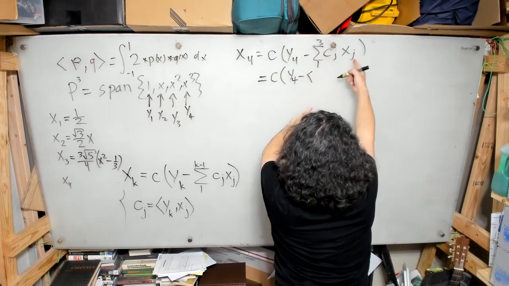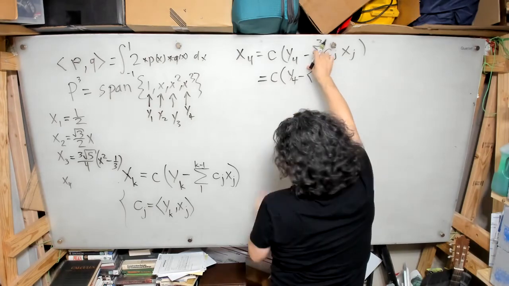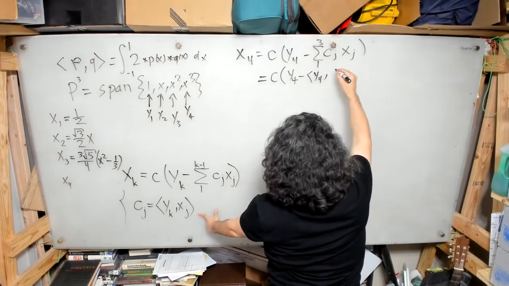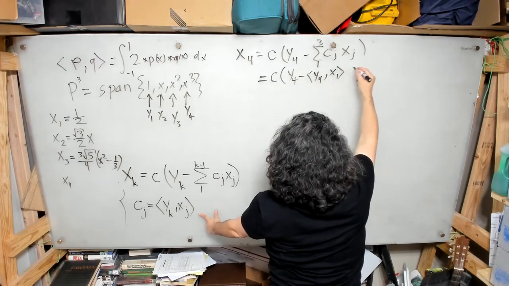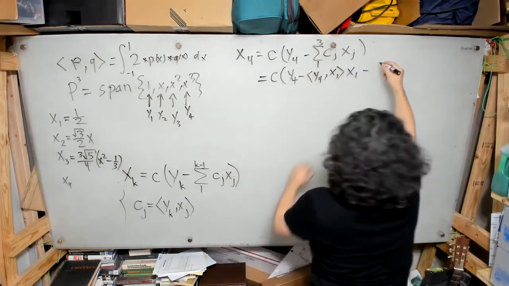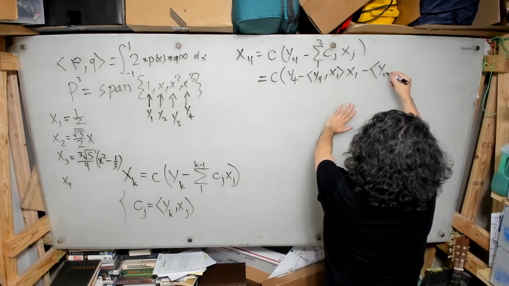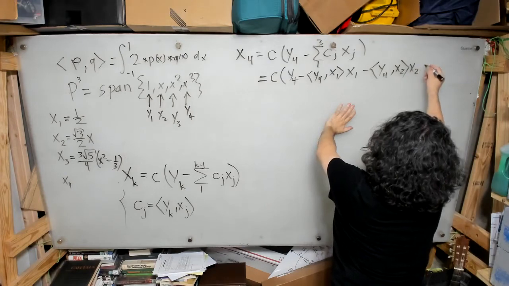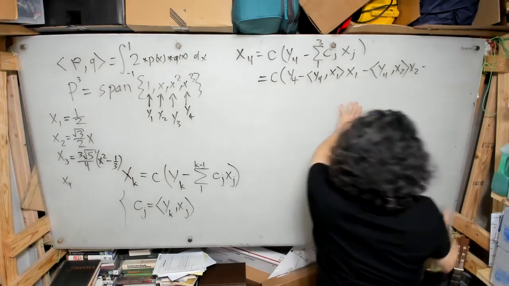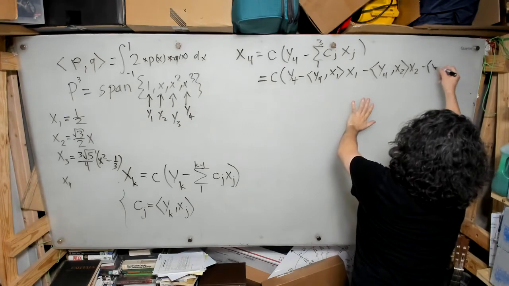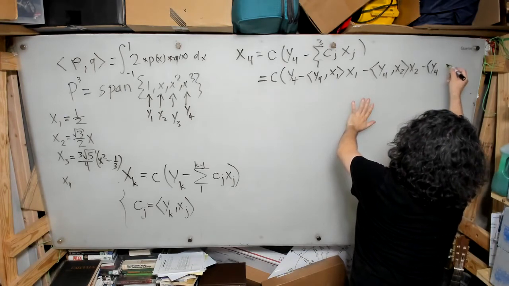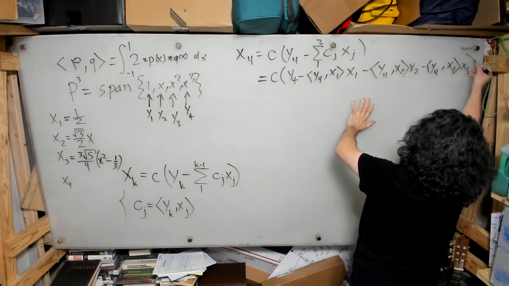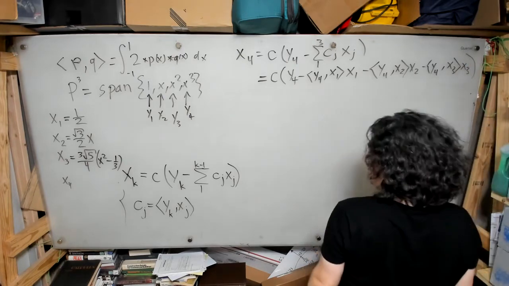The c1 x1 will be the inner product of y4 with x1 times the x1, minus the inner product of y4 with x2 times the x2, minus the inner product of y4 with x3 times the x3, like that.